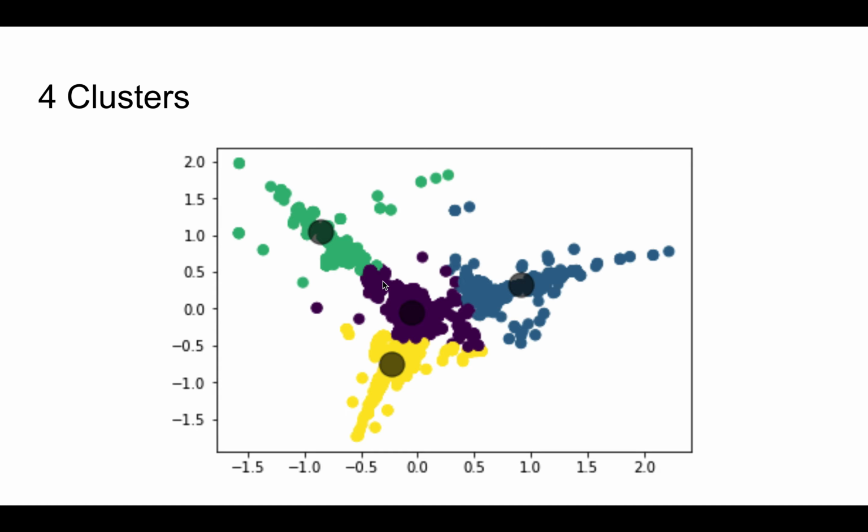The reason I chose this number is that by doing a series of experiments, I found 4 is a good number, and it separates the data very well and gives me a good shape.